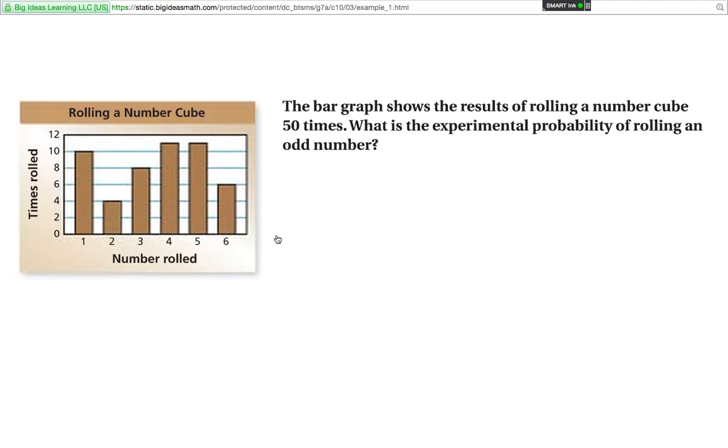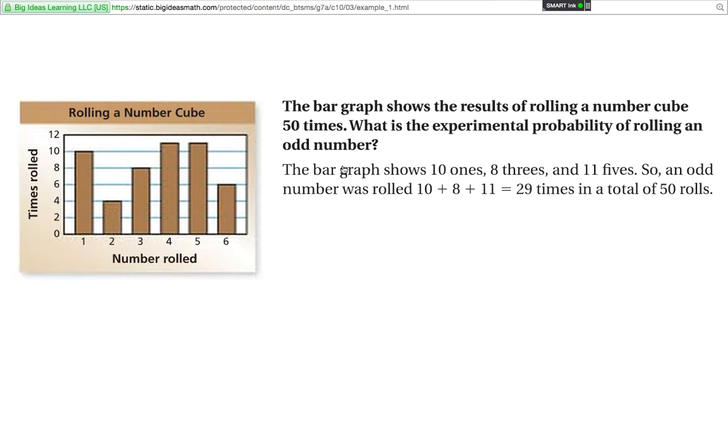We can look at the bar graph and notice that they rolled a 1 a total of 10 times, 8 times for 3, and 11 times for 5. So if you were gambling yesterday, you'd want to pick 5 or maybe 4, right?